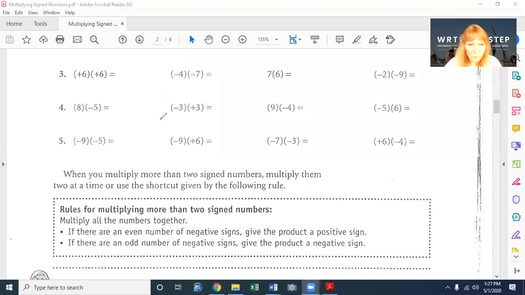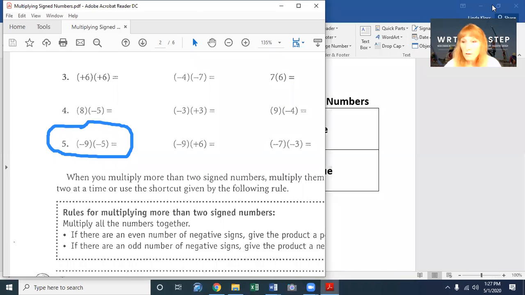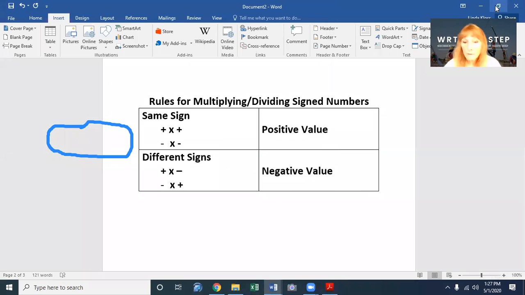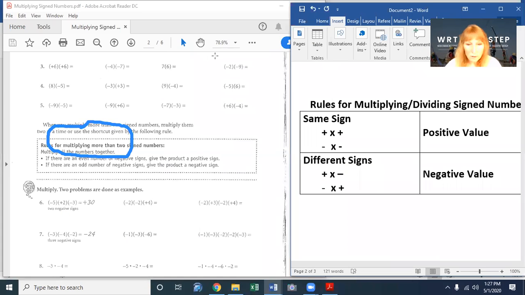So the first one that we want to look at here is -9 times -5. What sign are they? Actually, I think I'll bring up that chart for you so that you can have the chart next to you at the same time. It's just going to be a little bit smaller on the worksheet side here.